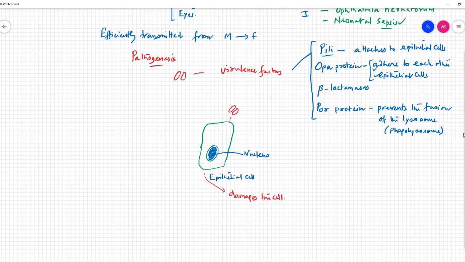And that damage brings about lots of things. Activation of the WBCs and other phagocytes, and then apoptosis is induced. So all in all, inflammation happens.